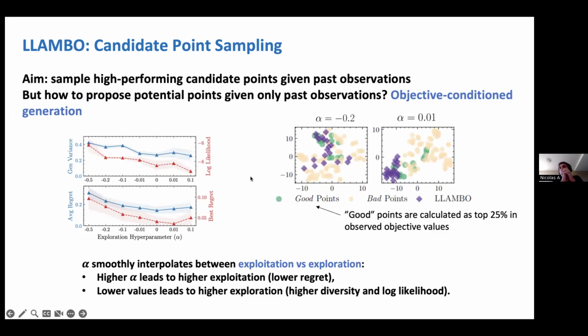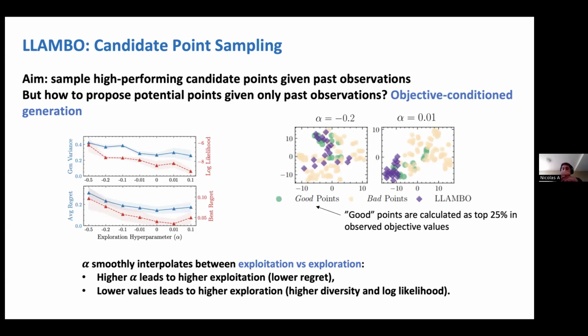To study this qualitatively, one of the first things we did was transform this hyperparameter space into a 2D space with t-SNE, if I remember correctly. And we see qualitatively what happens when we change alpha. In this 2D plot, in green we have good points, which are the points that achieve the top 25% of the best objective values observed so far.